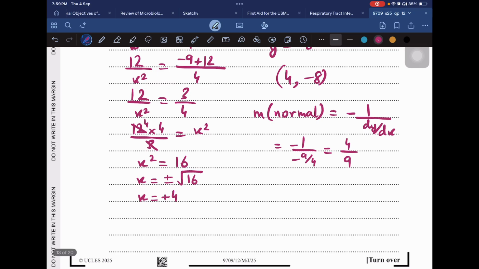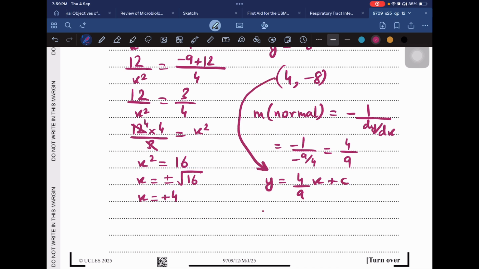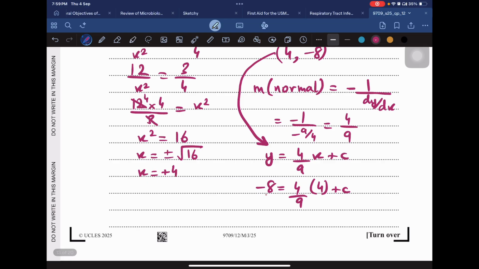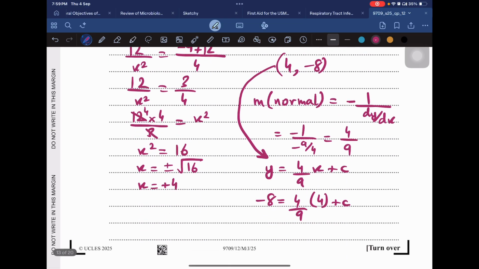So we have a point of the line, and then we have the gradient of the line, which is the normal. So we can use these to find the equation of the line. We'll have y equals mx plus c, so y equals 4 upon 9x plus c. Substituting this here, we have negative 8 equals 4 upon 9 times 4 plus c. So we don't have space over here.